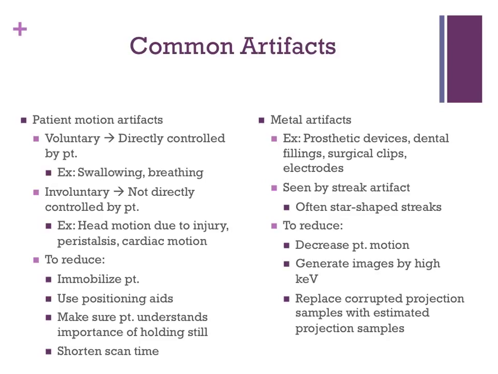And it can be reduced by generating images at higher keV levels. The best approach, though, to combat these artifacts is to replace the corrupted projection samples with estimated projection samples. Images that are made with estimated projection samples are then usually free of artifacts.